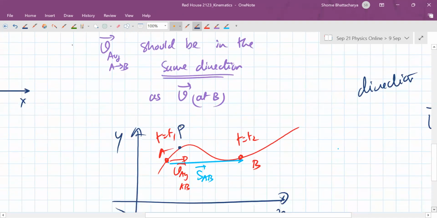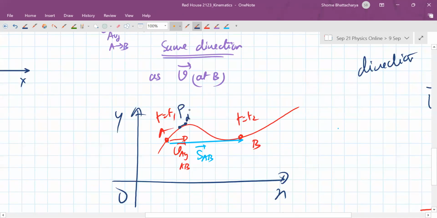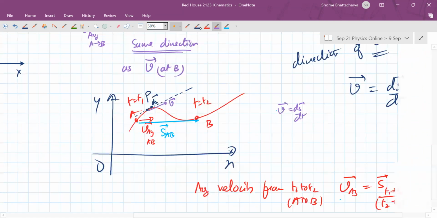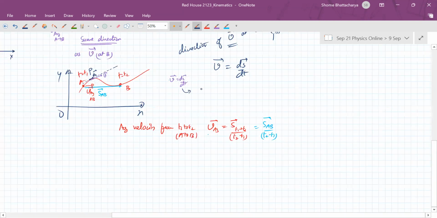That small displacement will look like this. So this will be ds. So ds by dt will be along this direction only. The instantaneous velocity at that point of time will be along this direction only, because v is ds by dt. What this tells us about instantaneous velocity is that it is along the tangent at that point. Instantaneous velocity is along the tangent at a given point.